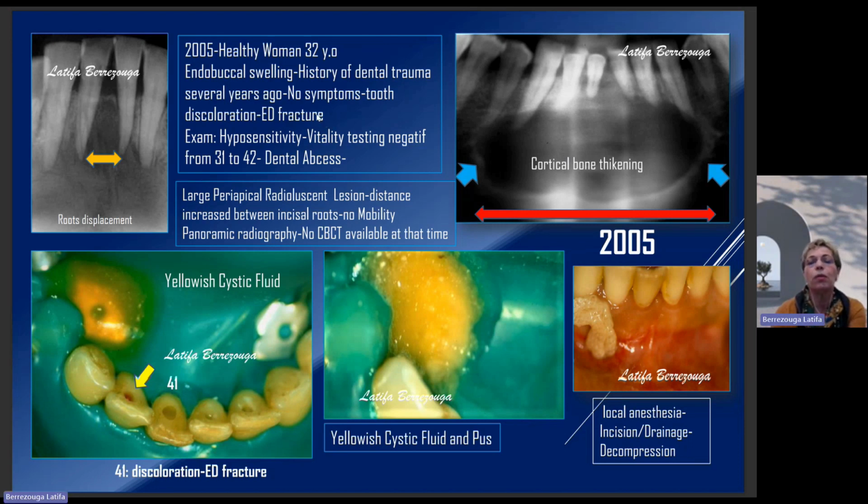We see here, for example, a fracture of the enamel and dentin, a non-complicated fracture. The patient also reported hyposensitivity, and the vitality testing I did was negative on the mandibular incisors.